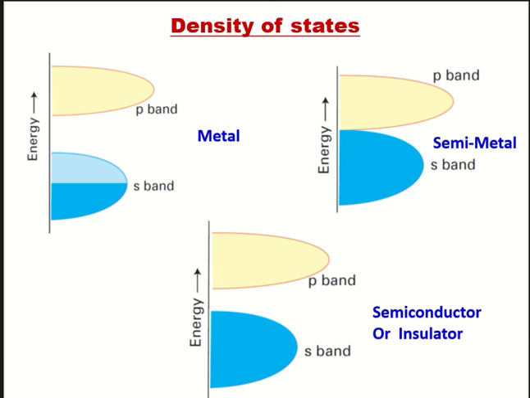Then for semiconductor and insulator, you have a completely filled S band, and the P band is empty, and there is a gap. The completely filled band is separated by an energy gap from the top P band.